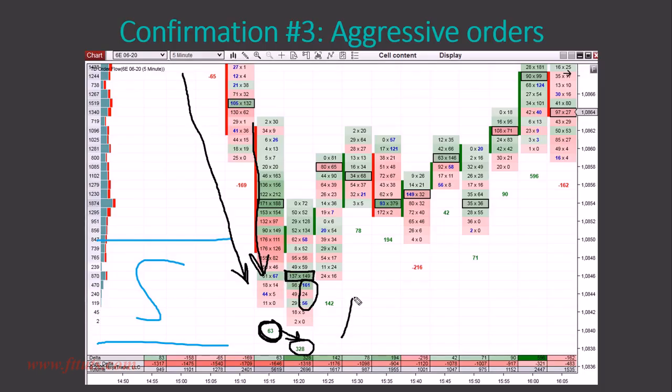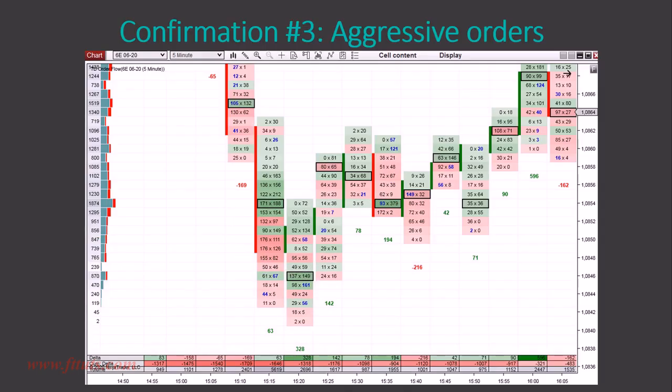This is the absorption, the confirmation setup number 2. Sellers get absorbed in here. Aggressive buyers start to jump in. As soon as you see that, you go long. This was pretty nice and clear signal. You only need to know what to look for.